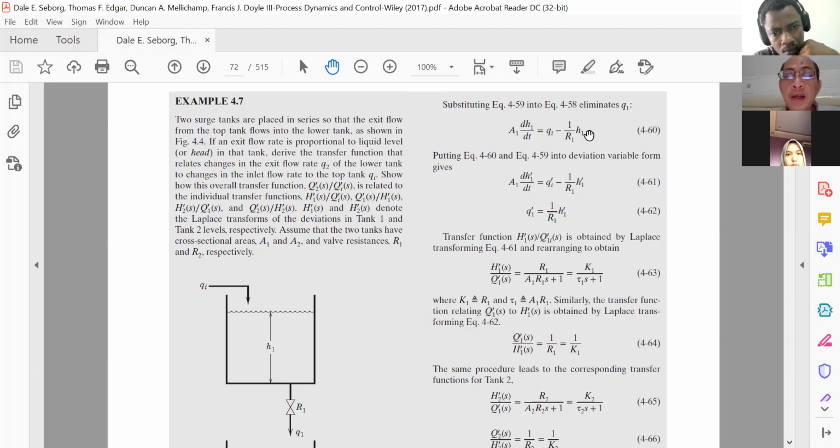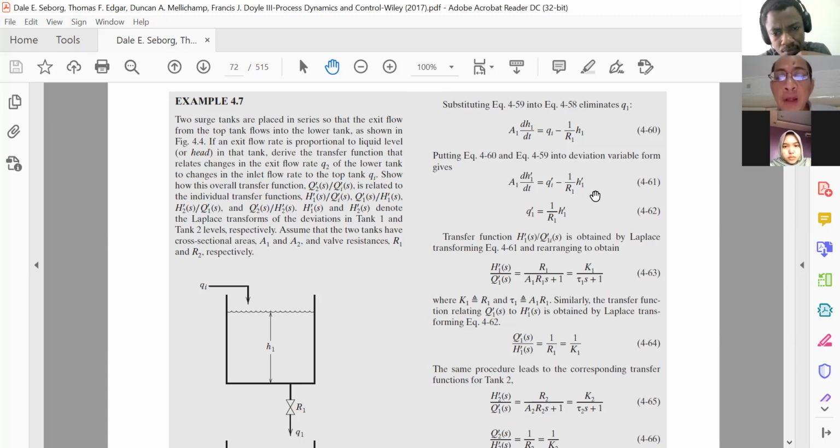So you have something like this, and then you collect the h1 prime on the left hand side, and you will have that h1 prime over qi prime will be equal to R1 over A1 R1 s plus 1 or K1 over tau 1 s plus 1. Okay, can you see that? Yes, sir.